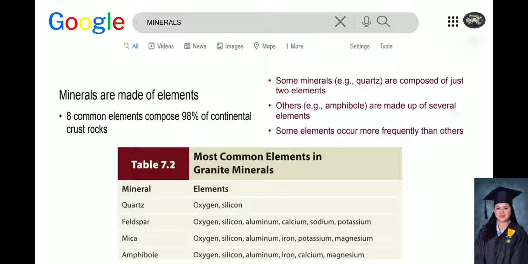Feldspar has oxygen, silicon, aluminum, calcium, sodium, and potassium. Mica has oxygen, silicon, aluminum, iron, potassium, and magnesium. Amphibole has oxygen, silicon, aluminum, iron, calcium, and magnesium.